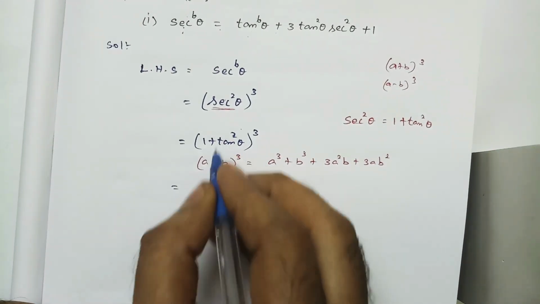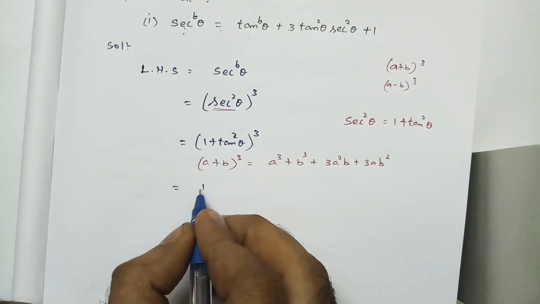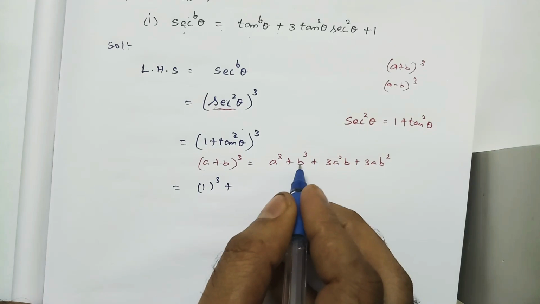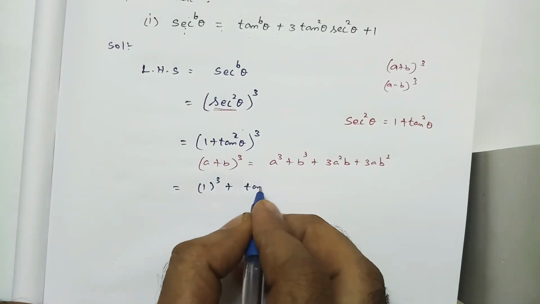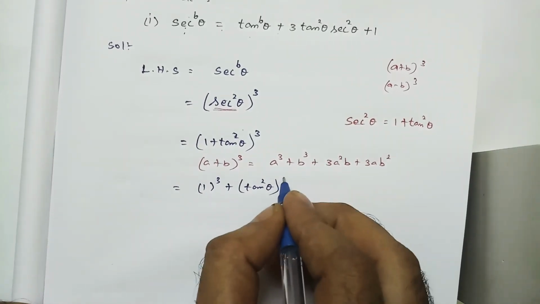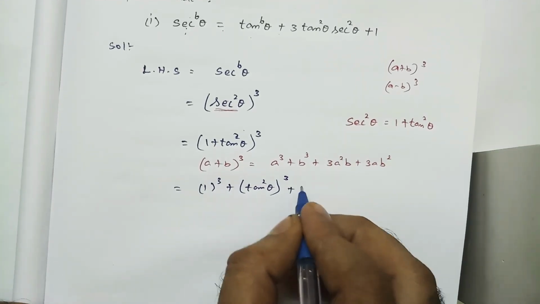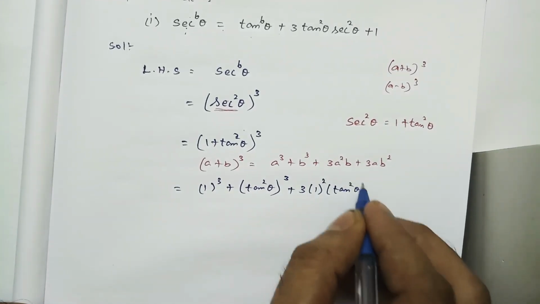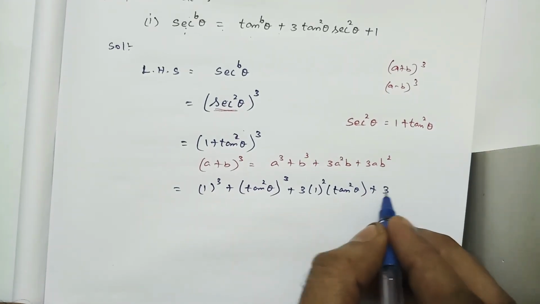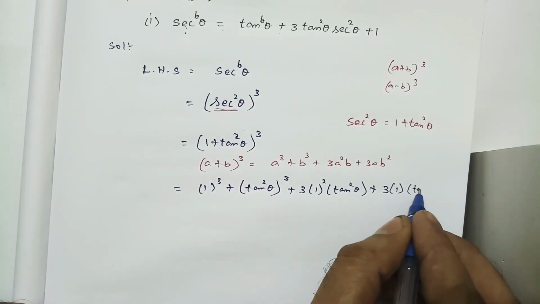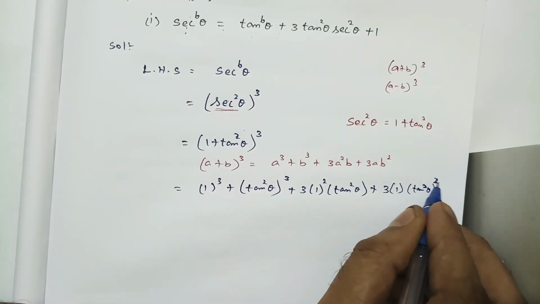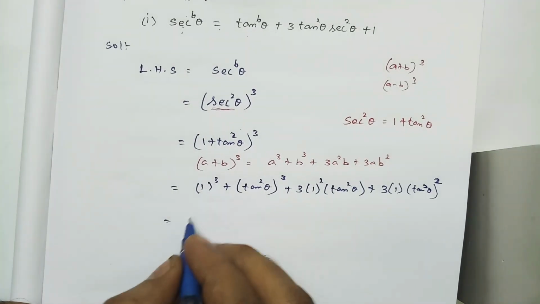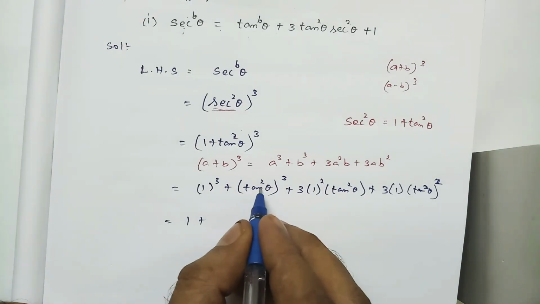So a cube is nothing but 1 cube, plus b cube, tan square theta the whole cube, plus 3 into 1 square into tan square theta, plus 3ab square, 3 into 1 into tan square theta the whole square.